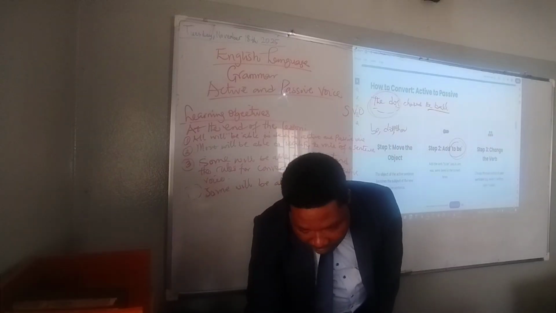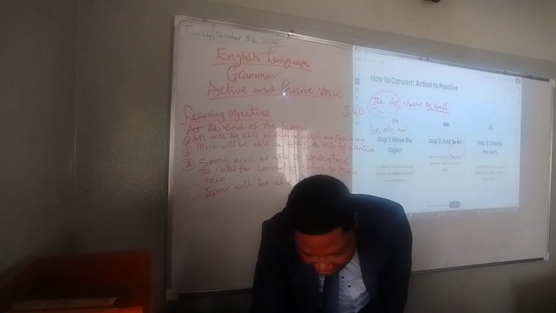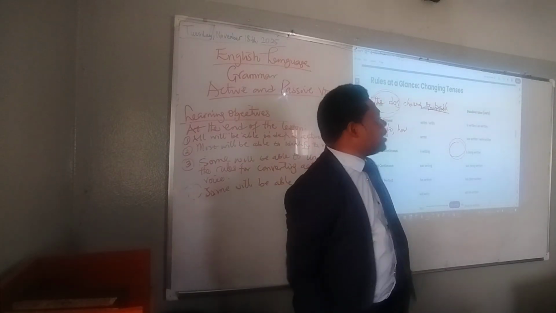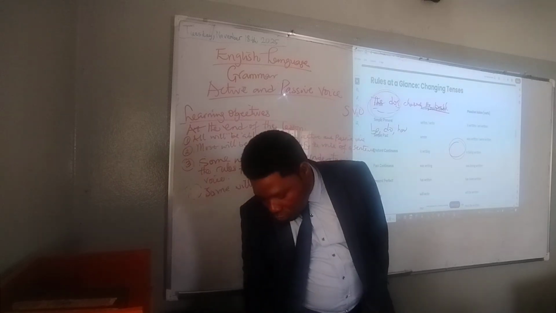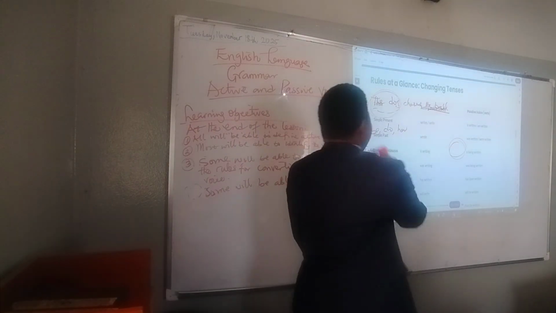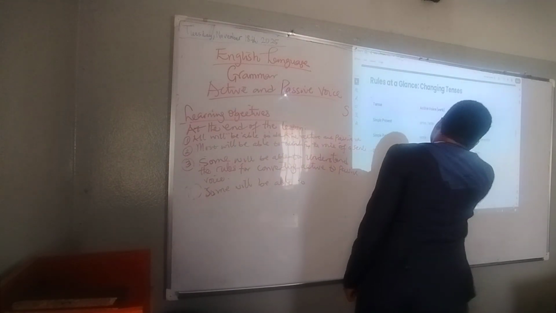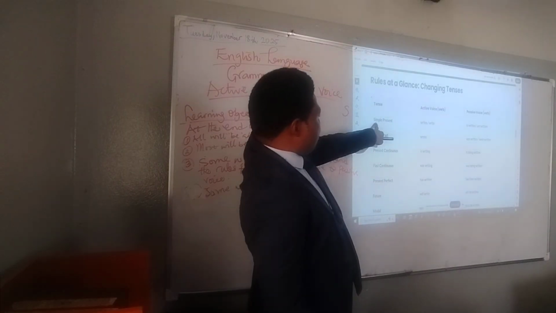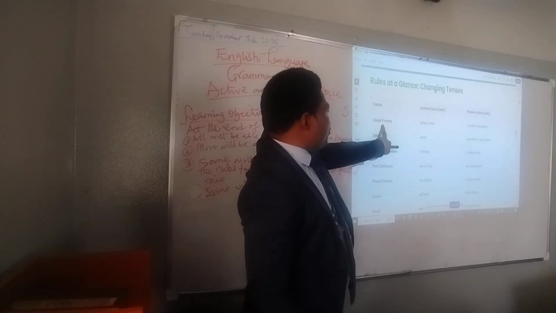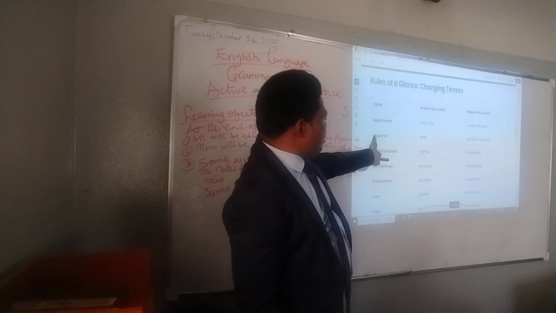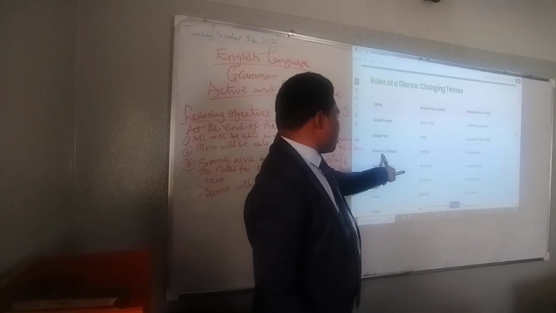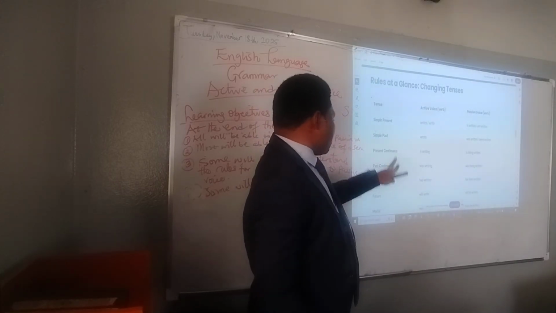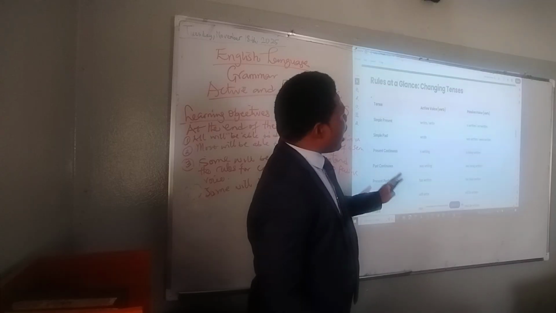Do we understand? Now, the next thing I want to show you is the table that shows all the tenses that you need to use when you are converting from active to passive voice. This is how your work will be: from simple present, simple past, present continuous, past continuous, present perfect, future, and modal.